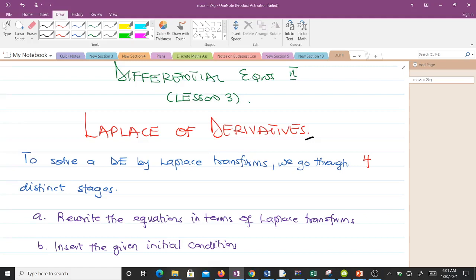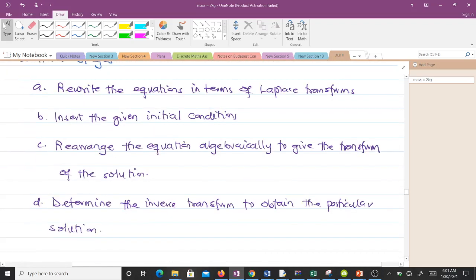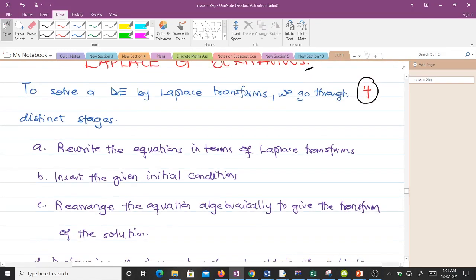To solve a differential equation by Laplace transforms, we go through 4 distinct stages, which are listed below here. The first thing we do is rewrite the equations in terms of Laplace transforms.